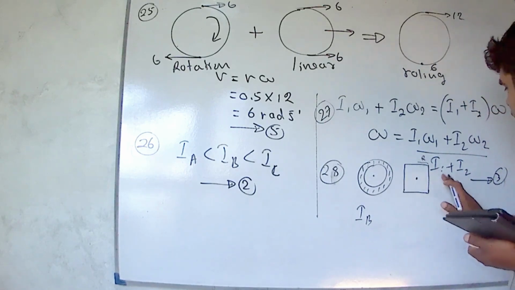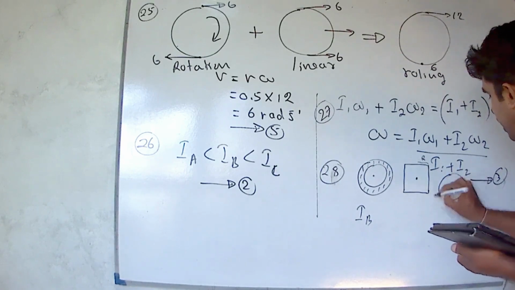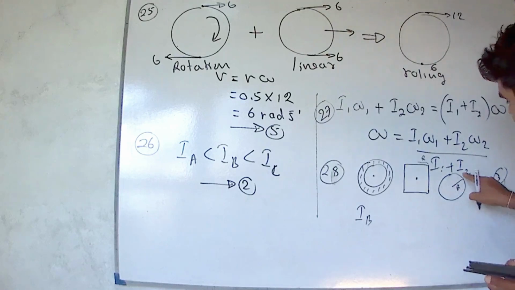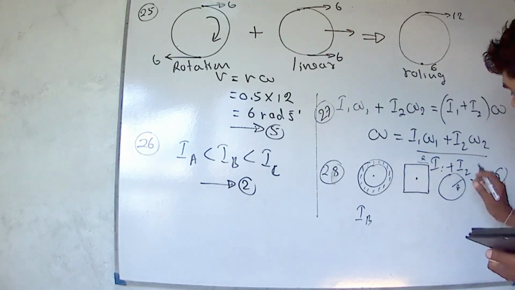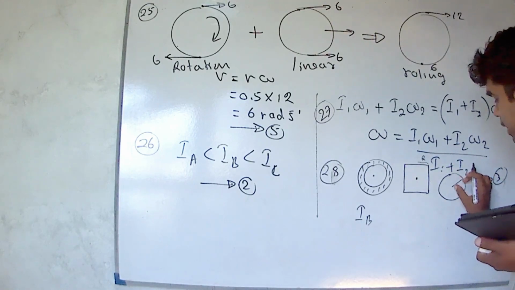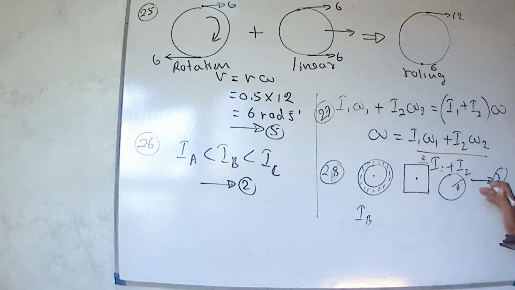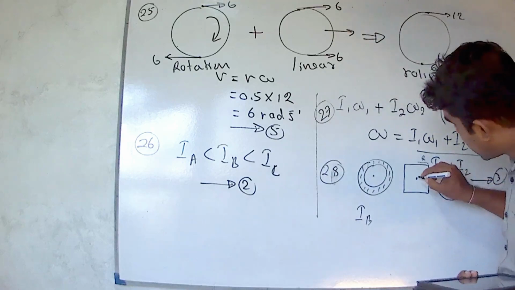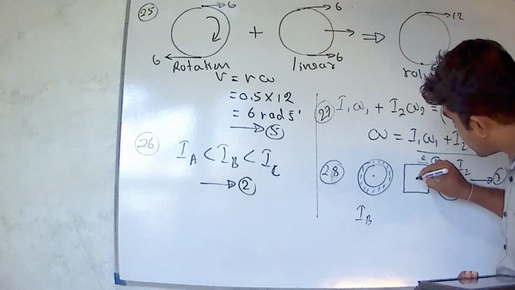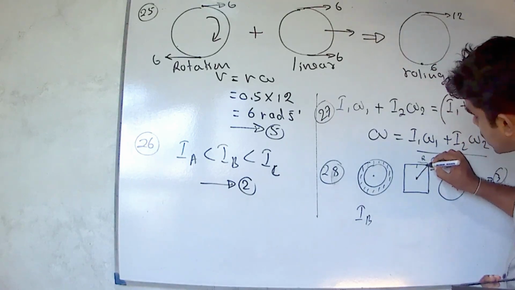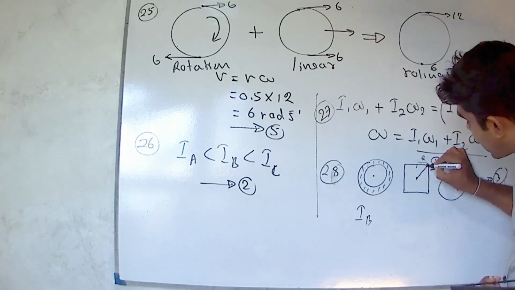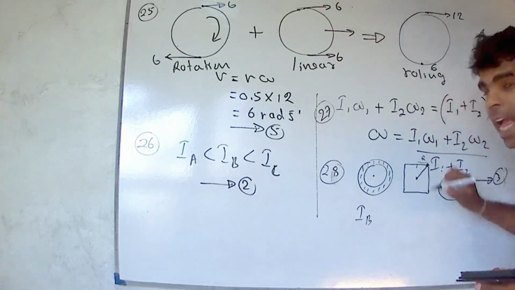When comparing the cuboid and the solid cylinder, we know that for the solid cylinder all masses have a maximum spreadness of r, but for this object the distance from this mass to the center is greater than r.